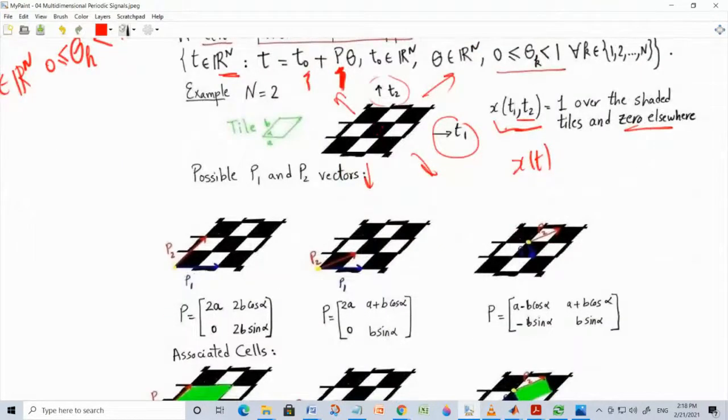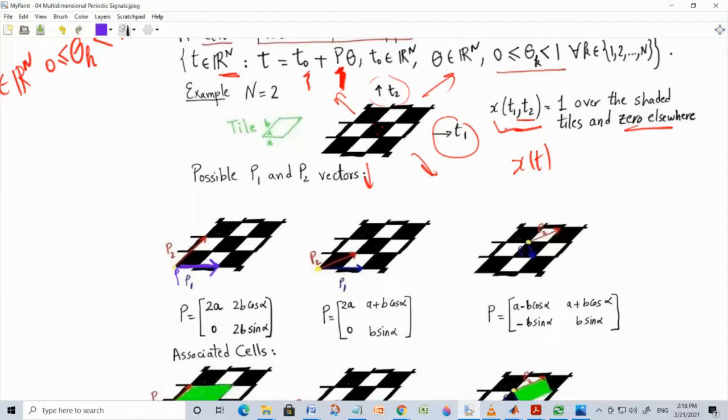So you can choose B1 and B2 to be like this. Look here, the vector B1 is this vector. If you start at this point and move along this vector exactly, you will reach a point at which x of t is the same as at the starting point.